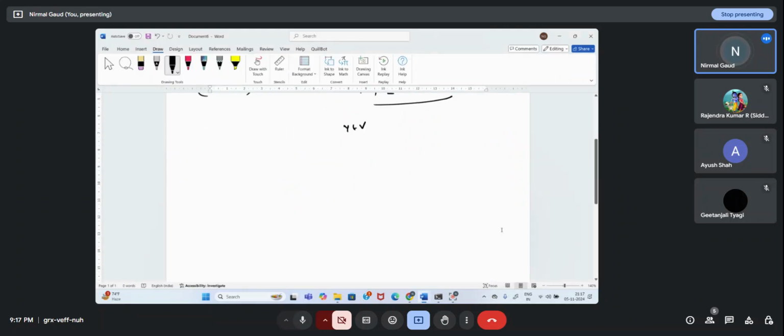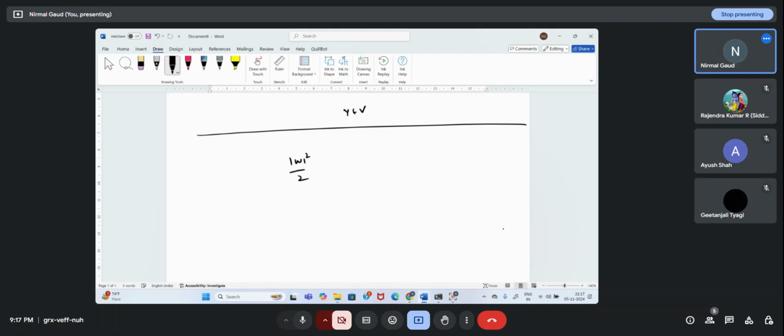Sir, we are having this equation of SVM, W square by 2, plus lambda, then y(wx plus b) minus 1. That is what our optimization equation. This is my objective function, this is my constraint.